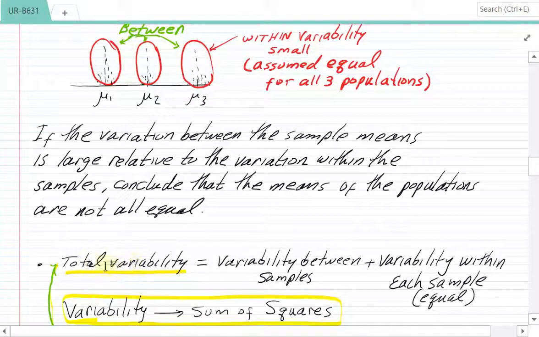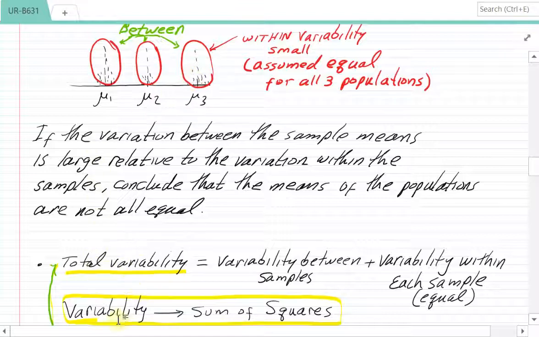That's what we mean by total variability. So let's say my population here, I have 100 points here, 200 points here, 200 points here. So my combined size is 500. This would be the total variability of those 500 scores, regardless of where they have come from.